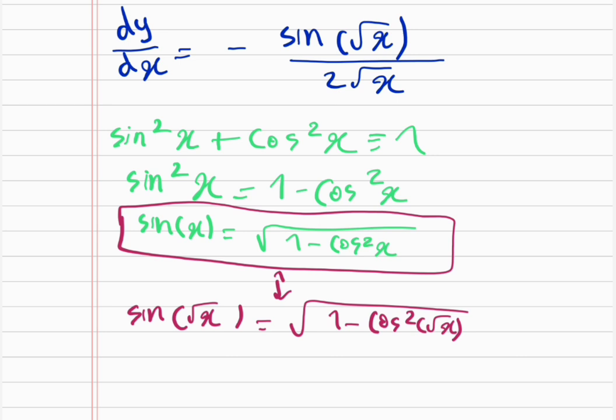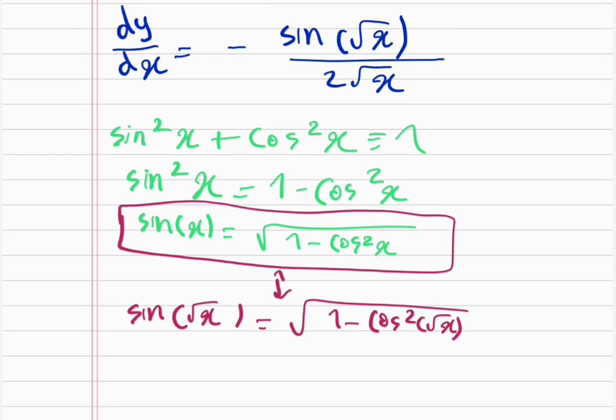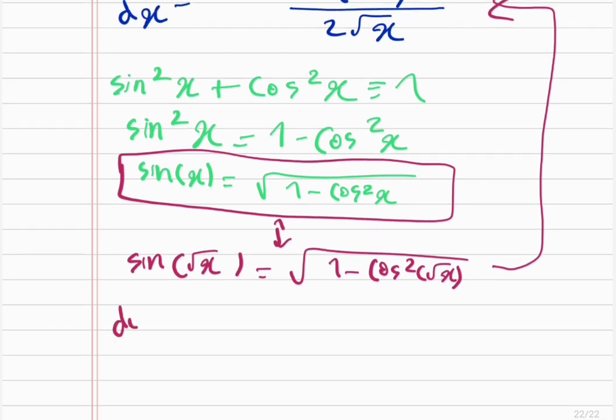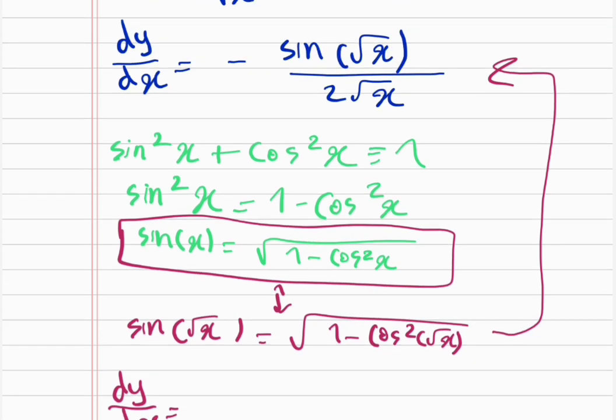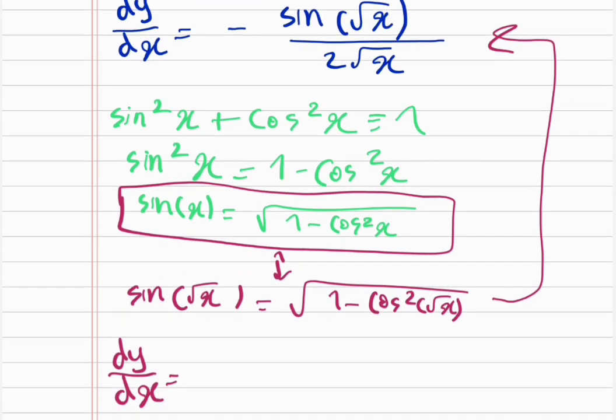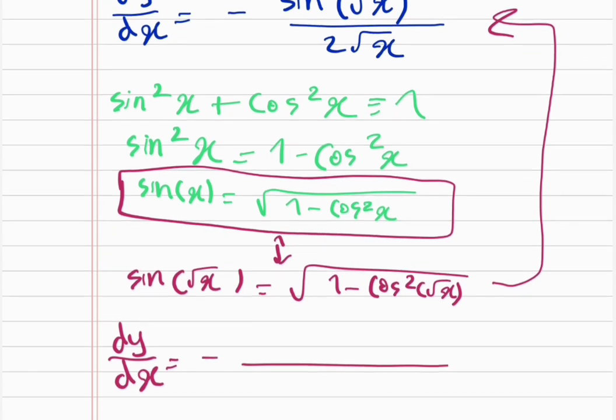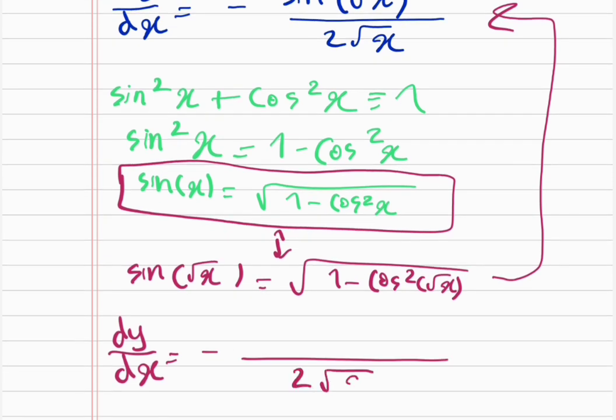And now all we need to do is substitute into the derivative and simplify if needed, but I don't think there is any need for that. So dy/dx is equal to minus, and the denominator doesn't change because that's the same as the question.